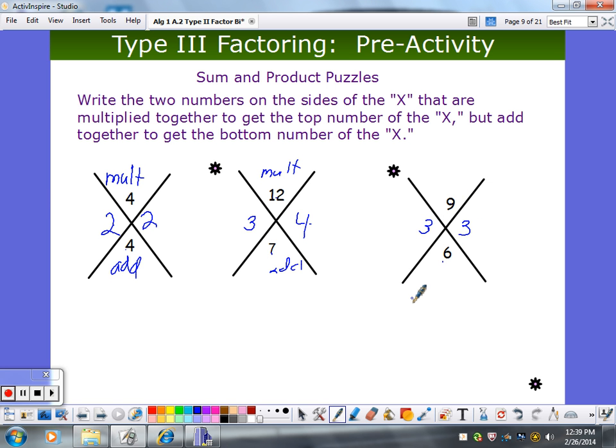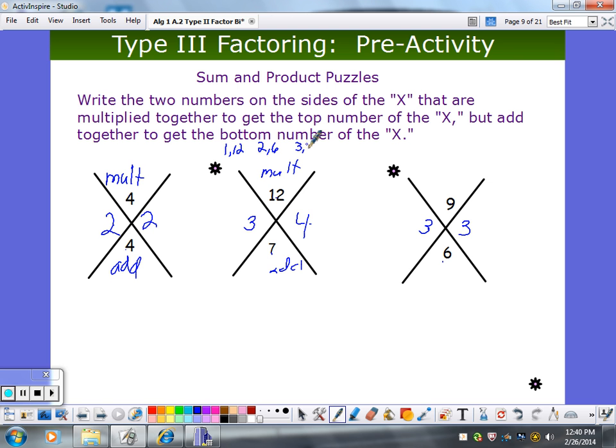Okay, now, there are 2 kinds of people in this world. There are people that look at it and they just know it. And there are people like me, when I was in your position, when I first saw this, I was like, what? Where you have to think about it a little bit. Now, what is the thought process that some of your brains are just automatically doing? I'm going to go back to this one. What you do is start with the multiply. Think of all 2 numbers that multiply to 12. 1 and 12 multiply to 12. 2 and 6.